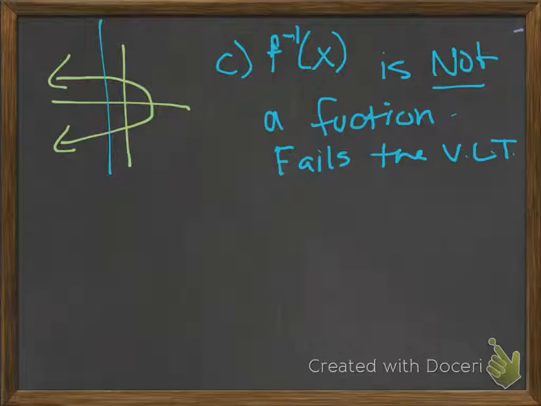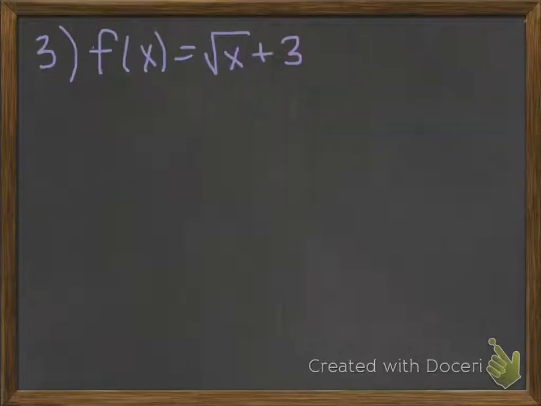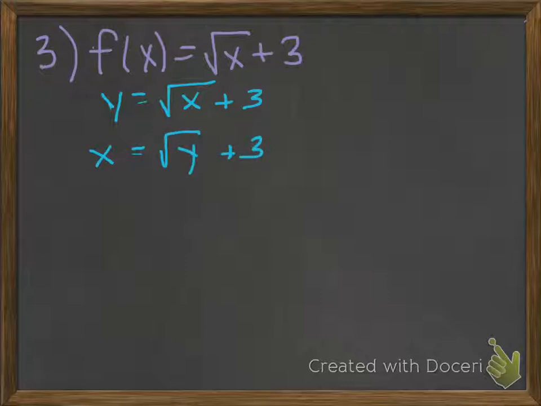Alright, so last one we're going to do together is number 3. So number 3, we have f of x equals the square root of x plus 3. So y equals the square root of x plus 3. We switch x and y. And now the goal is to solve for y. So we'll subtract 3. So x minus 3 equals the square root of y.